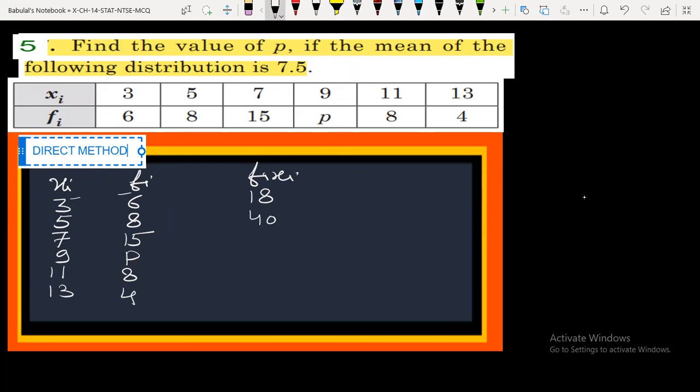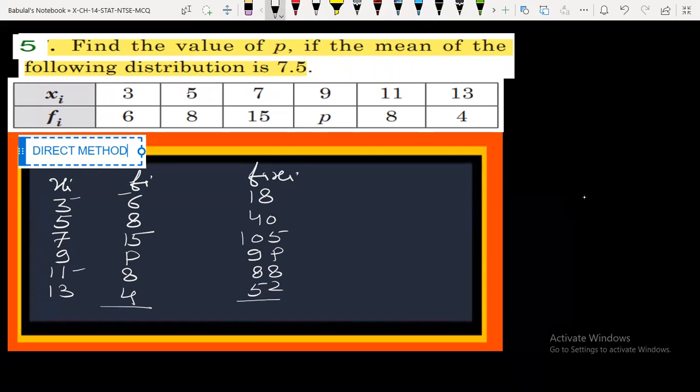Then 7 into 15, 15 sevens are 105. Here 9 into p, you write only 9p. 11 into 8, 11 8s are 88. And 13 into 4, 13 4s are 52.